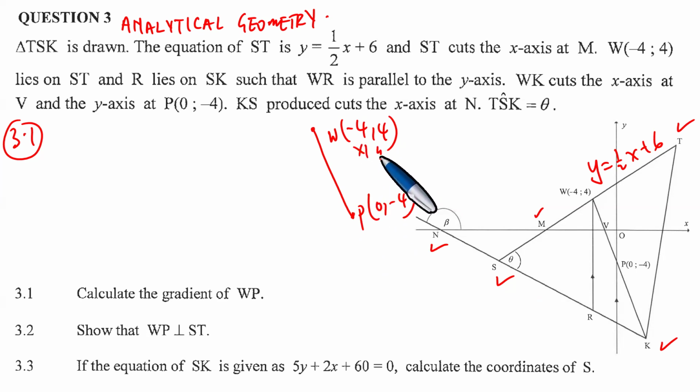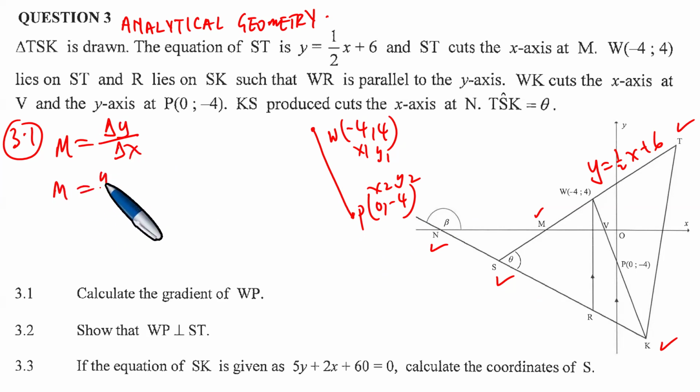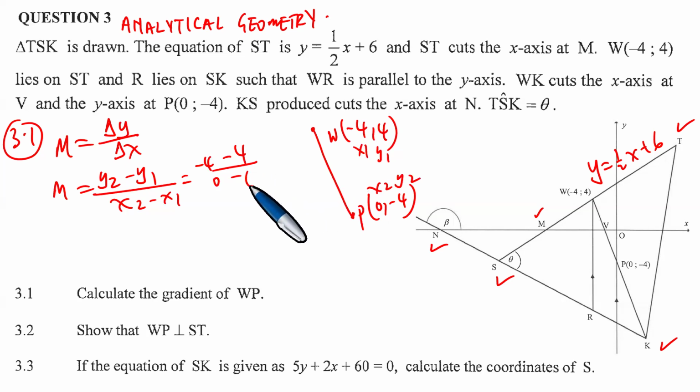Which is x1, y1, x2, y2. The gradient is y2 minus y1 over x2 minus x1. What is y2? It is -4 minus y1. x2 is 0. What is x1? You saw this in grade 10, this gradient.